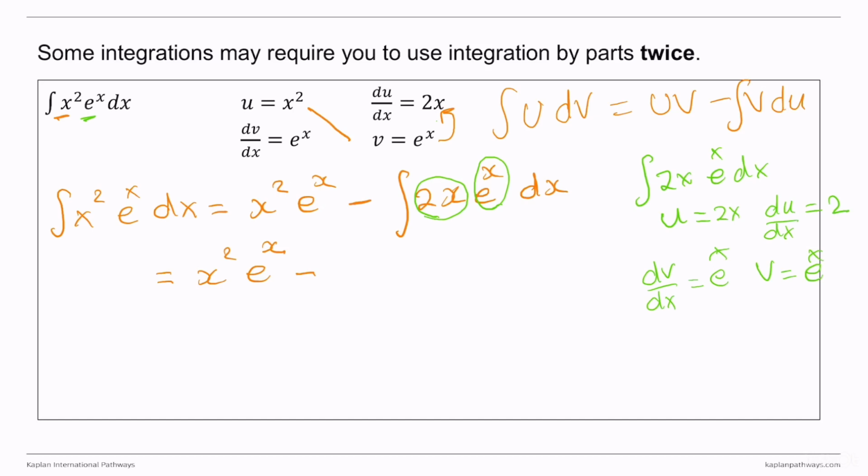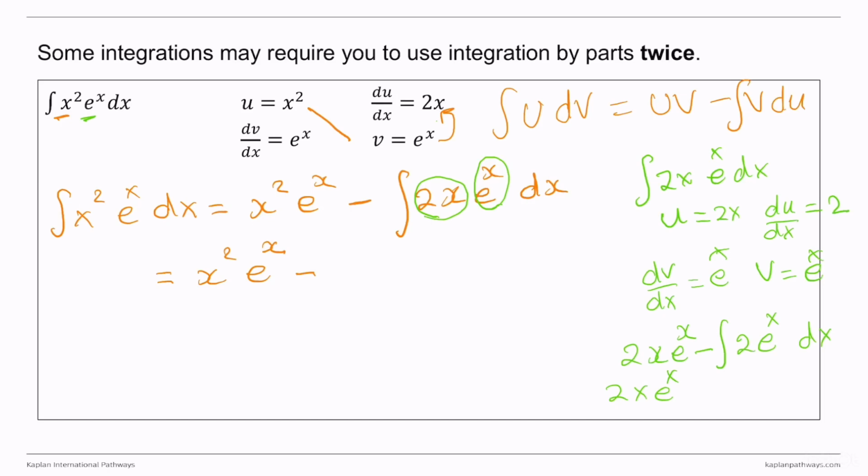Okay, so this integration here is going to become uv minus the integration of v du. So this will be 2x e to the power x minus the integration of v du. What's du? It is 2. So minus the integration of 2 e to the power x dx. And this is going to be 2x e to the power x.